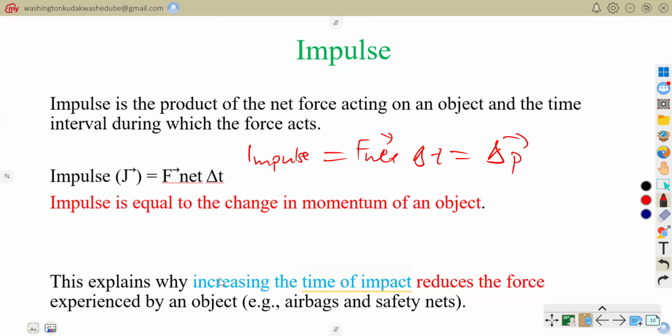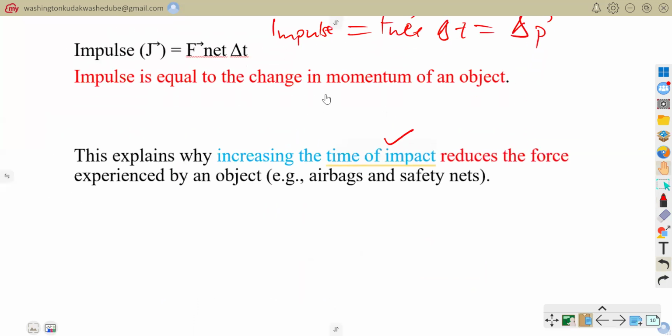Therefore, this explains why increasing the time of impact reduces the force experienced by the object. Let me explain this using what we have just said.